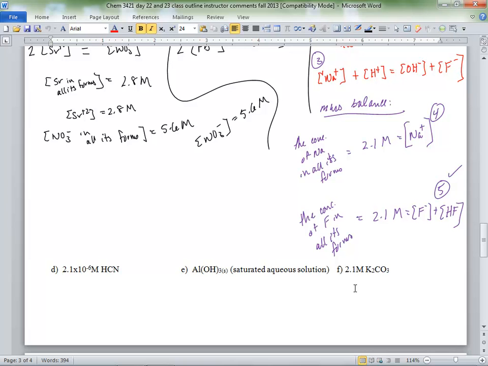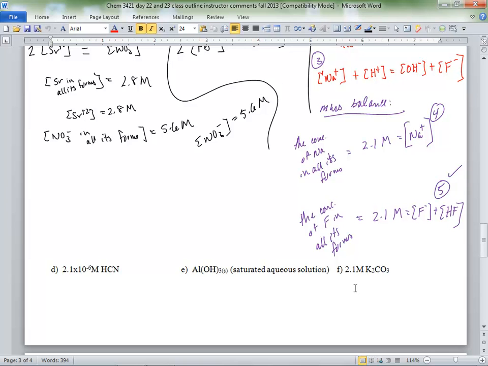If you end up having 5 species, you need 5 equations. I'd like to see if there are any questions on that, because the rest is just math and plug and chug. Then we'll take the quiz for today, and then we'll see how far we can get solving problems after that.